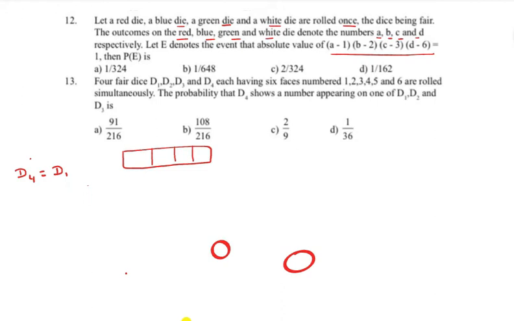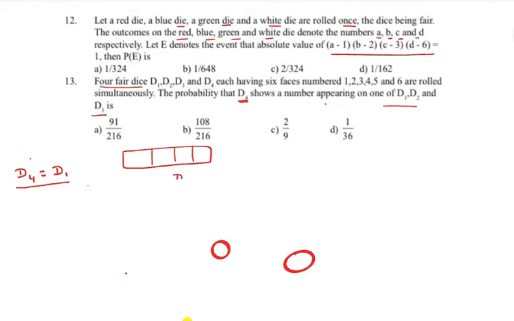So you can observe this question: 4 dice D1, D2, D3, D4 each having 6 faces numbered 1, 2, 3, 4, 5, 6 rolled simultaneously. The probability that D4 shows a number appearing on one of D1, D2, D3, right? So these are the different possible cases. D4 is showing exactly what D1 is showing.